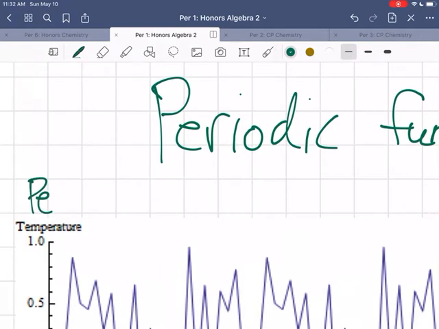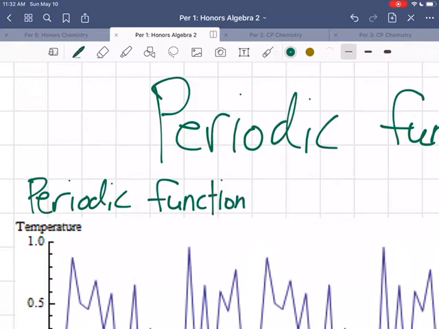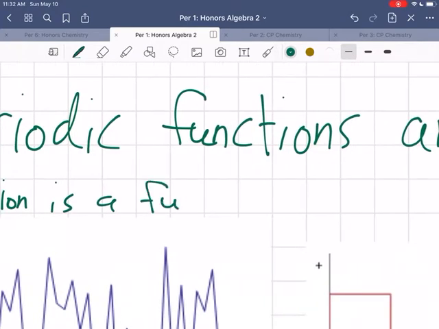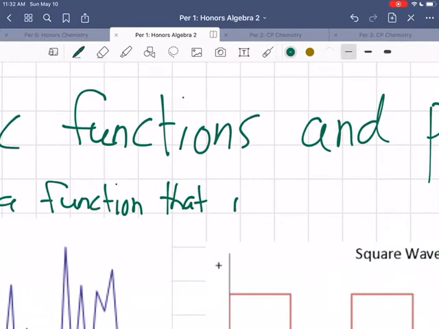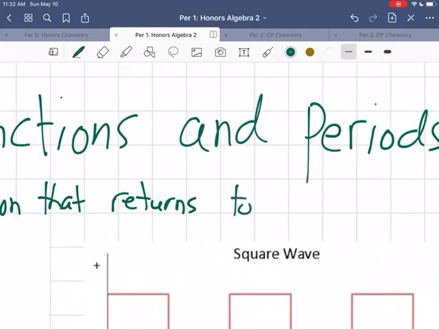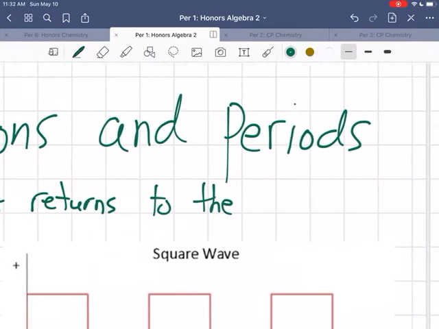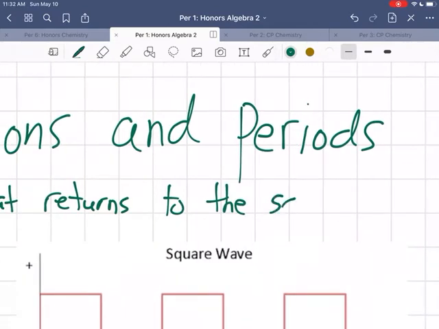So a periodic function is a function that returns to the same values regularly.